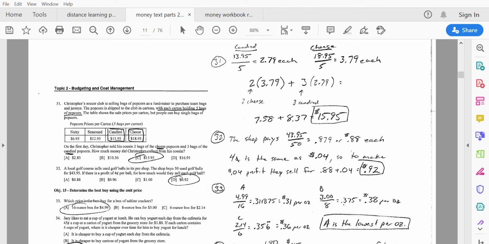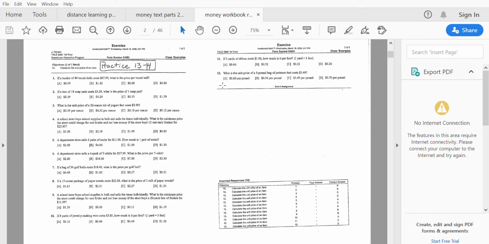Okay, so those are the six examples in Objective 14. So now your next steps would be go to your money workbook. Remember, this first page here is Objective 13, which was from the last video. Do however many you need to in here. Check your answers.